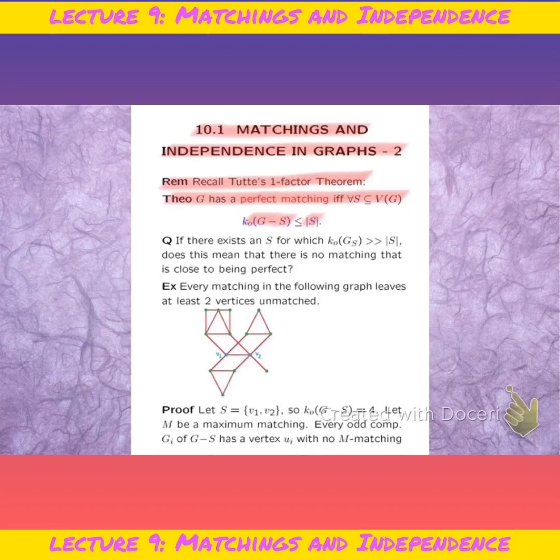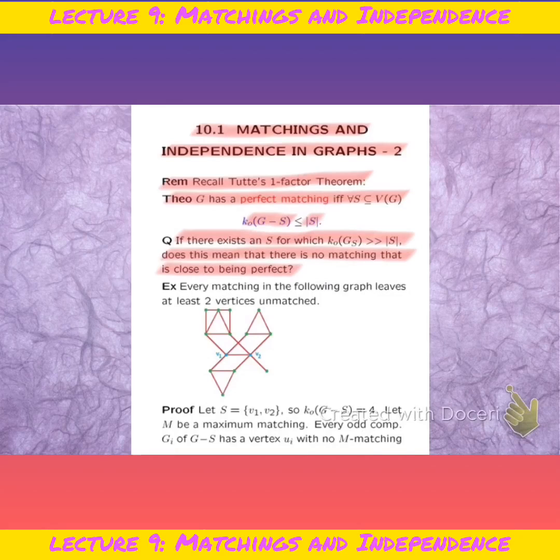Now what we want to do is try to count the number of unmatched vertices. So if the graph doesn't have a perfect matching, in other words, we can find a set S for which the number of odd components of G minus S is bigger than the cardinality of S, does it mean that there is no matching that is close to being perfect?